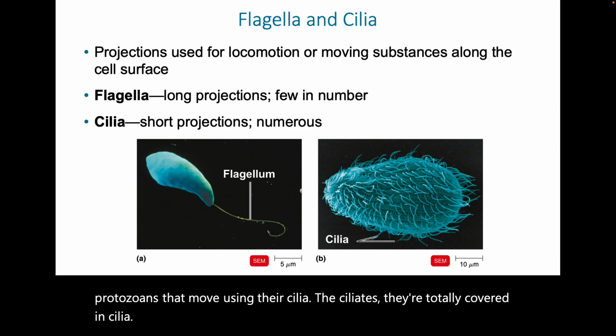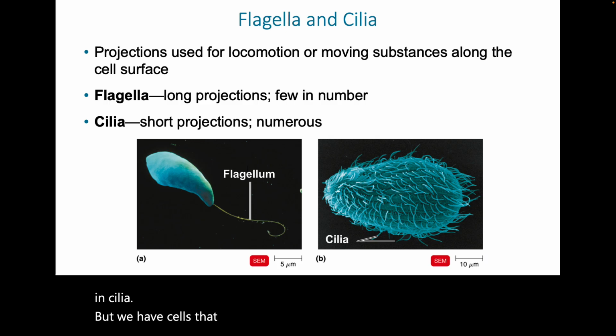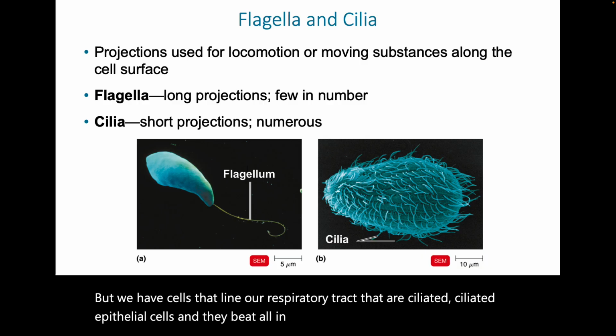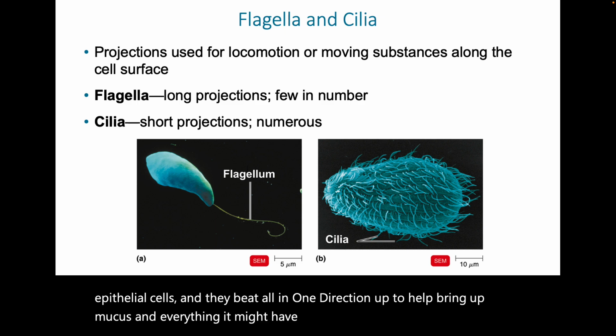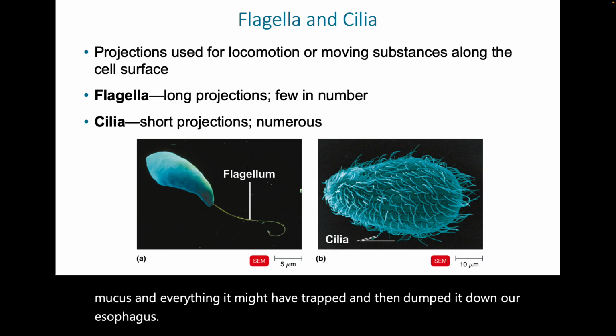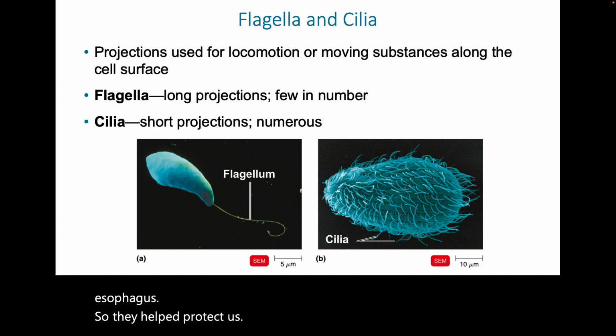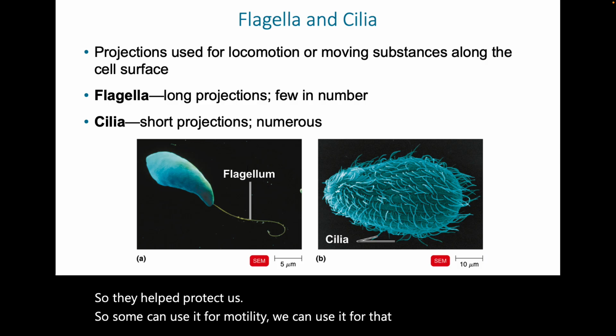But we have cells that line our respiratory tract that are ciliated epithelial cells, and they beat all in one direction to help bring up mucus and everything it might have trapped, and then dump it down our esophagus. So they help protect us. So some can use it for motility. We can use it for that type of movement and protection.